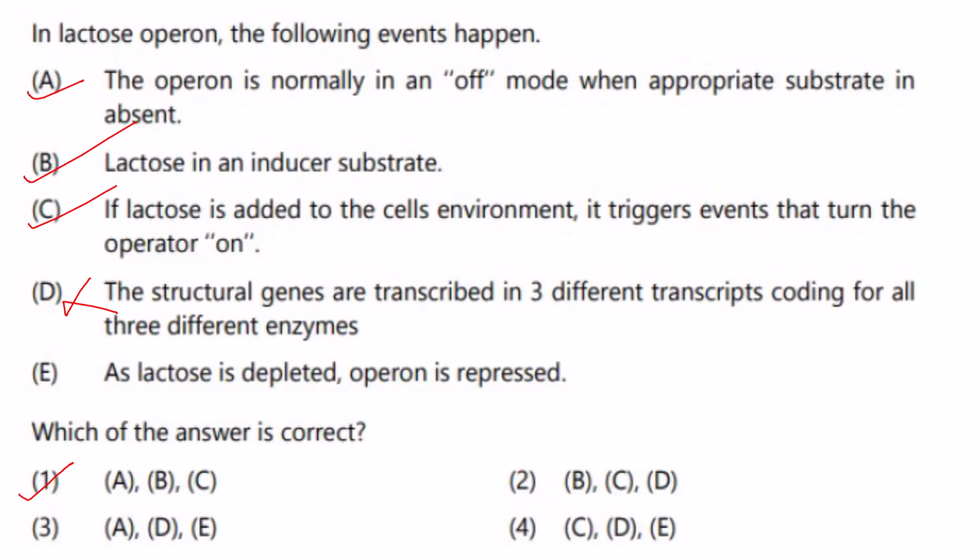As per me, E is also correct: as lactose is depleted, the operon will get repressed. That is correct. And wherever they have given option E, D is wrong. Again, D is wrong here. So we cannot say 3 and 4 are correct, even though C is correct here, E is correct here, A is correct here. So the correct answer will be A, B, C.